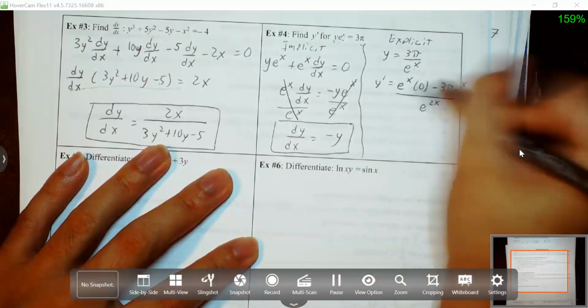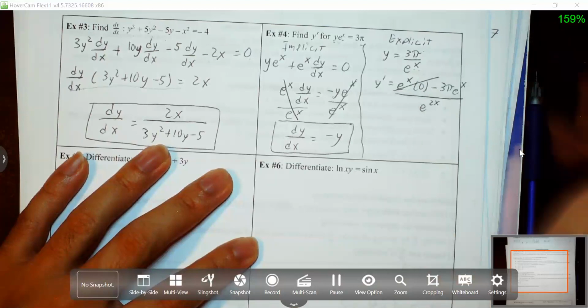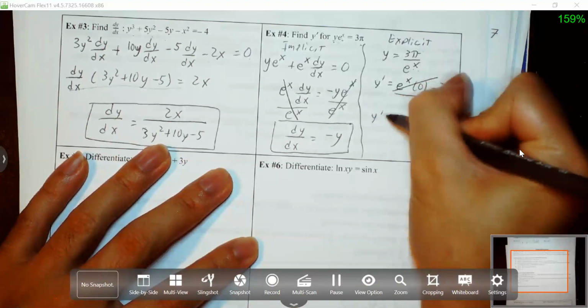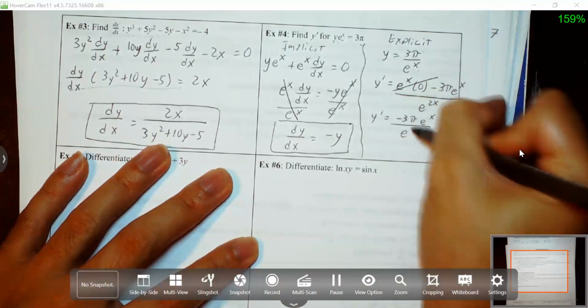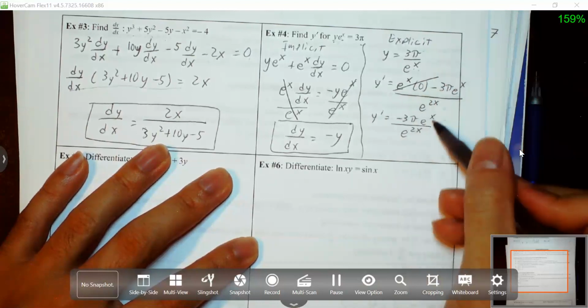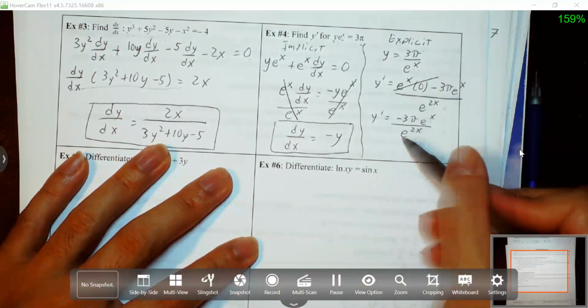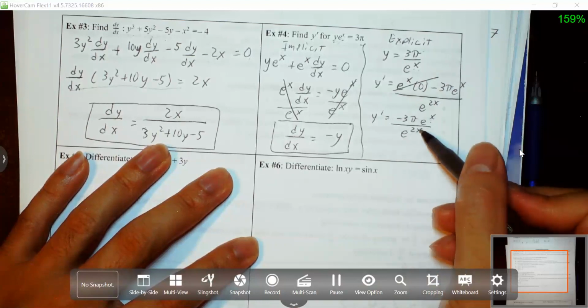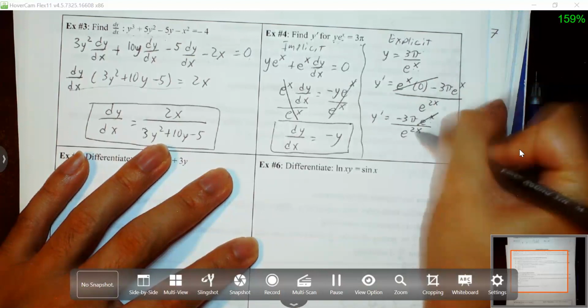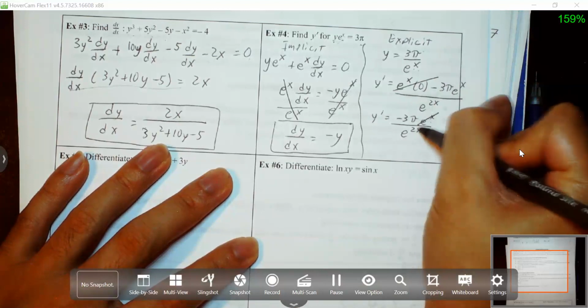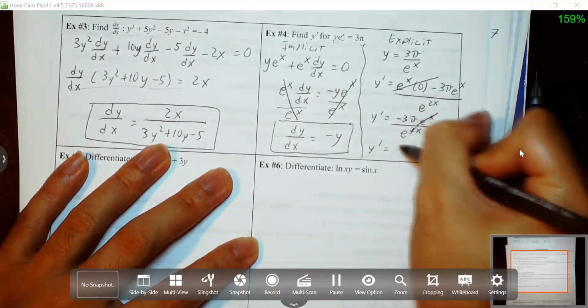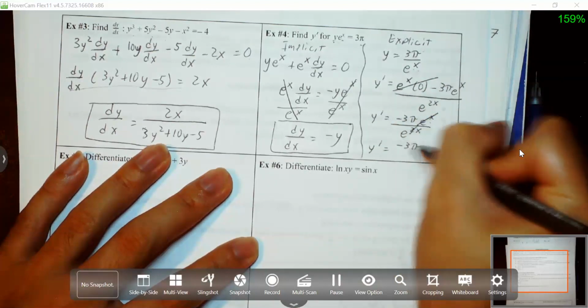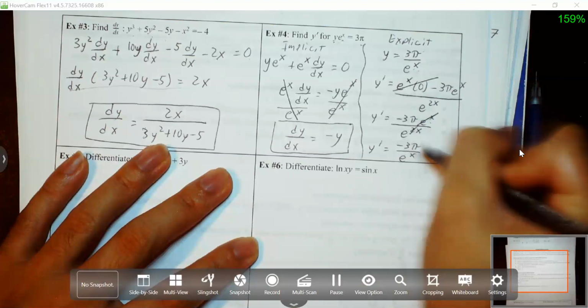This becomes 0, and I get y prime is equal to negative 3 pi e to the x over e to the 2x. I have one e to the x here, and I have e to the 2x here. So I can cross this one out, and I'm just left with an e to the x on the bottom. So I get y prime is equal to negative 3 pi over e to the x.